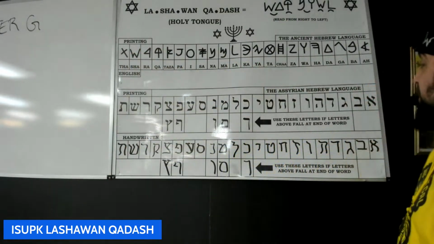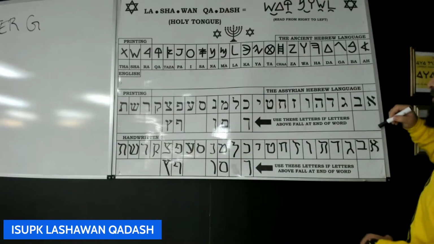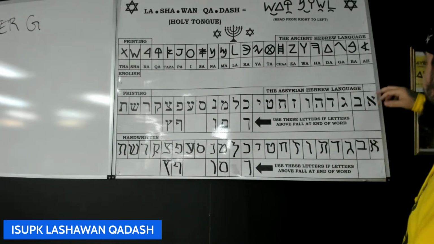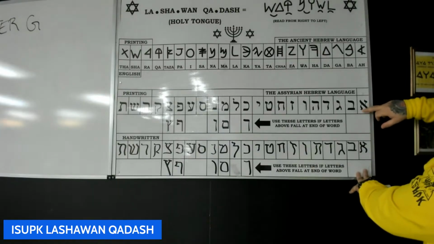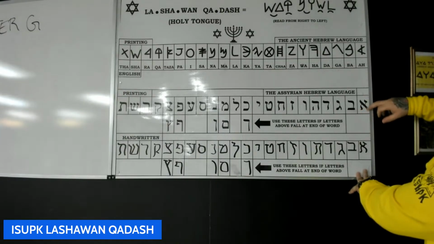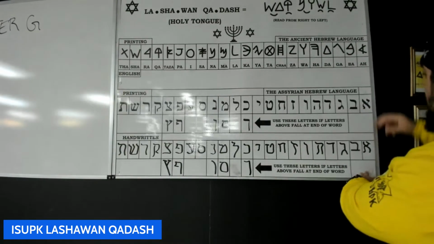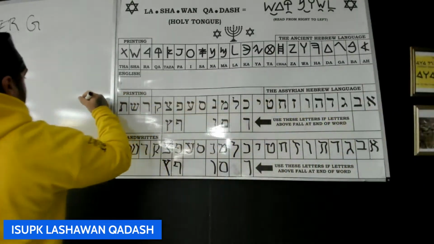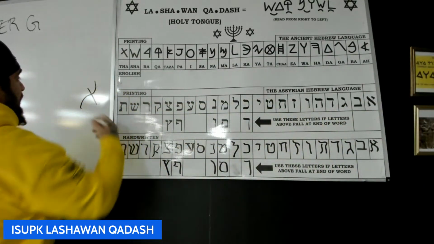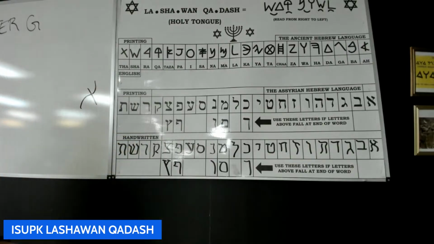This is where it gets a little complicated, when we start going over the Assyrian. The I in the Assyrian looks kind of like an N, but you do a little slope. Boom, boom, and that's your I. I know we go over this every week, but if we keep going over it, we'll get better at it.